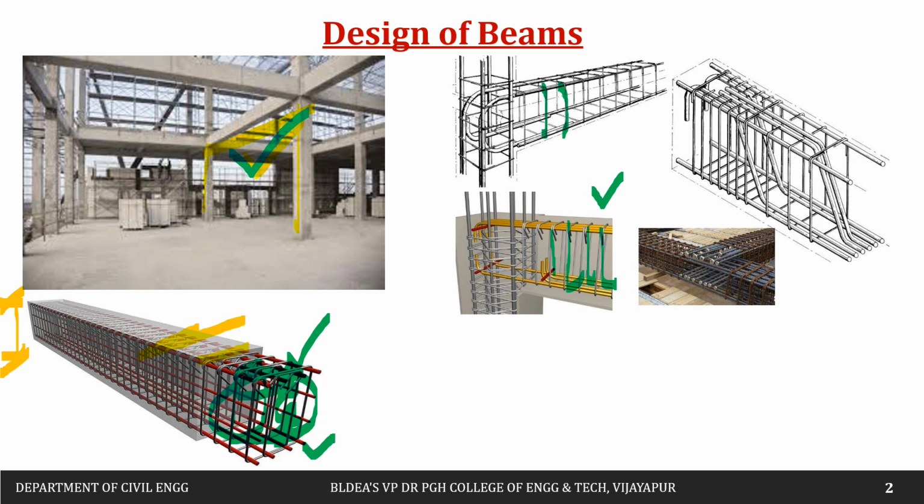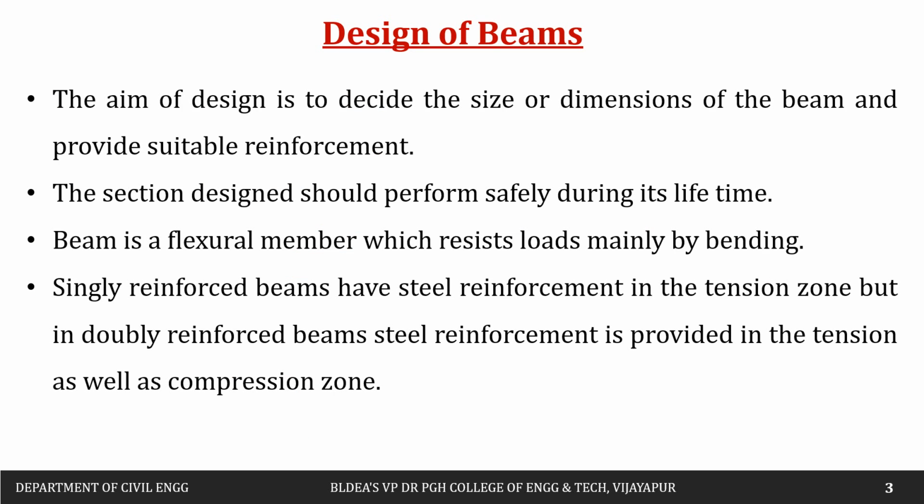Next we have to fix the cross sectional dimensions of the beam. That means we have to fix the width of the beam, the depth of the beam, and provide the reinforcement as per the IS codal provisions. So this is what we do. This is the aim of the design. The aim of the design is to decide the size or dimensions of the beam and to provide the suitable reinforcement.